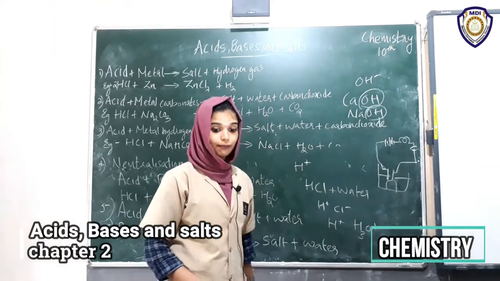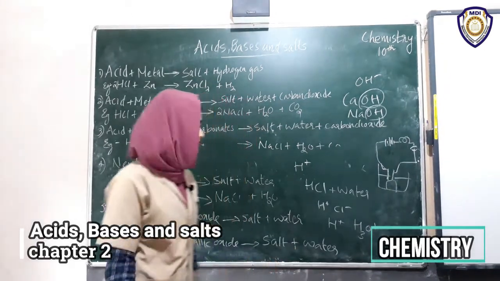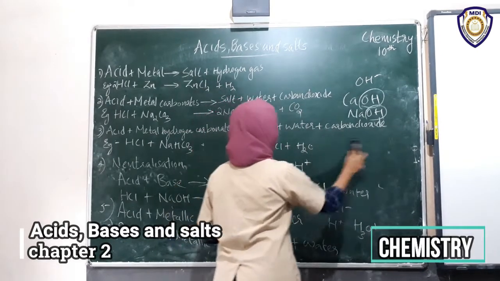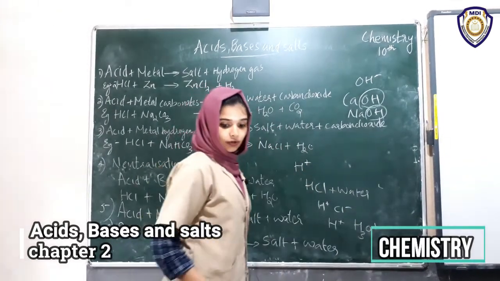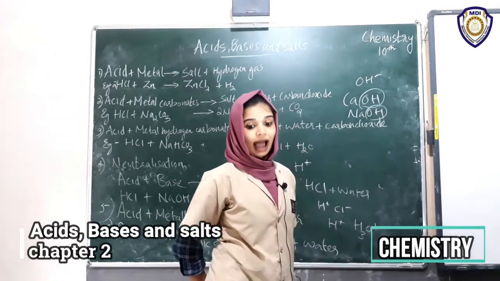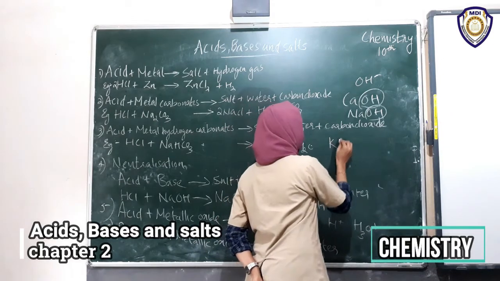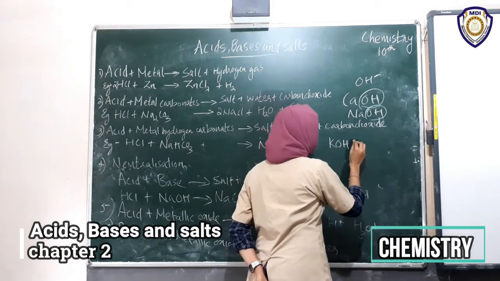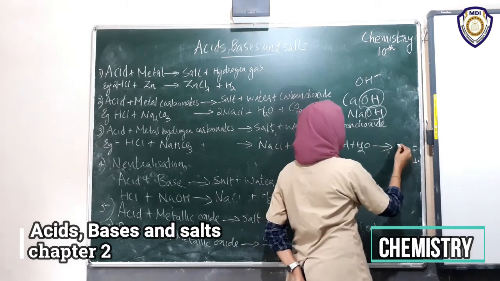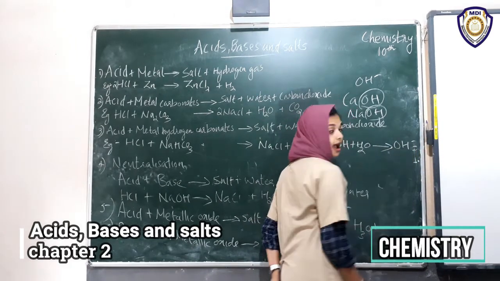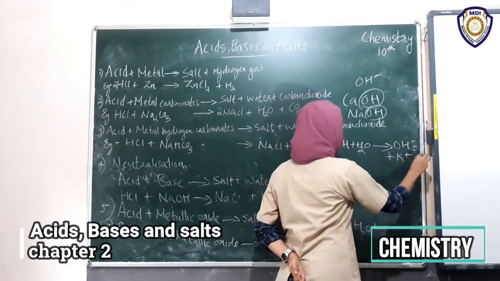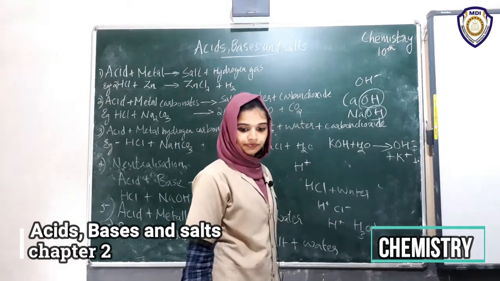In the case of bases, they give what? OH minus ions. For example, KOH plus H2O gives OH minus ions plus K plus ions.